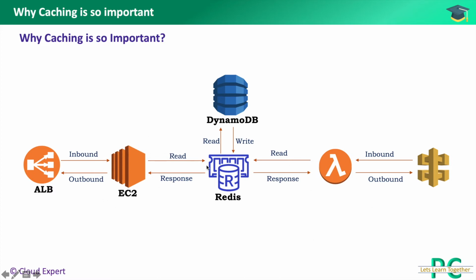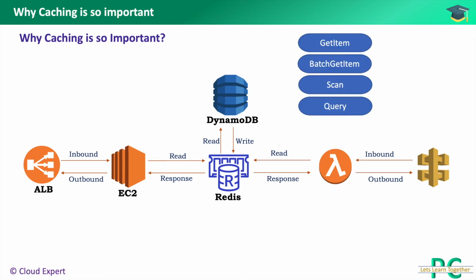Both will invoke the read from the Redis cluster, and if there is a cache hit, Redis will directly serve that request either to the application or to the Lambda function. And if the data does not exist in Redis, it will read the data from the DynamoDB table, hydrate the Redis cache, and then send the response to whichever application you have used, either the EC2 instance or the Lambda function.